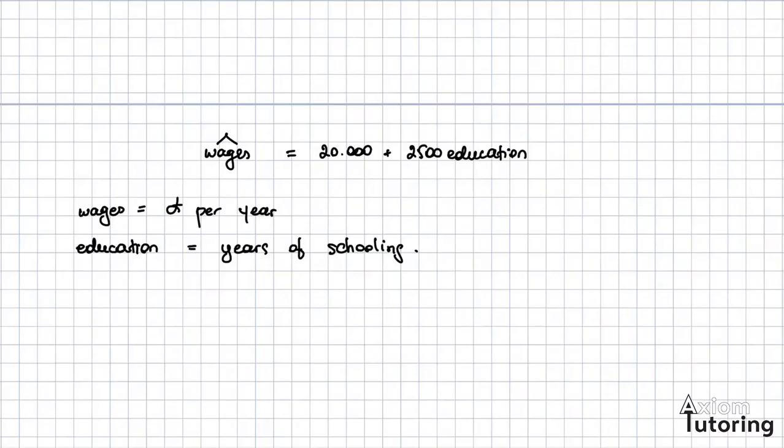From the information that we get here, we can see that beta null hat is 20,000 and beta 1 hat is 2,500. Very quickly, for the beta null hat, keep in mind that this is what we would get when our x is equal to 0, meaning years of education is equal to 0. It means that if you have no education, you'll find a job that on average will give you 20,000 pounds per year.